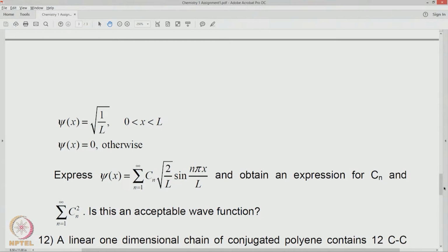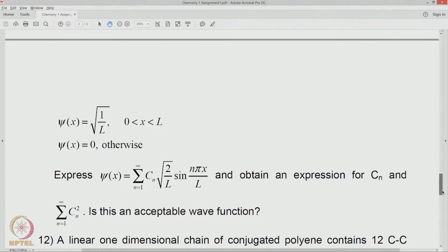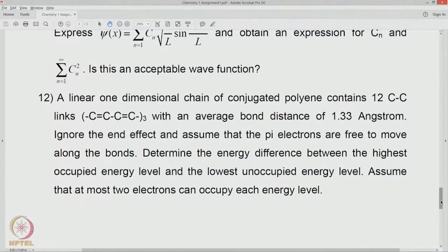Now, problem 12 is something that a chemist should be seriously interested in, because this is a simple model for understanding one-dimensional systems, polymeric systems. The problem given here is a linear one-dimensional chain of conjugated polyene.